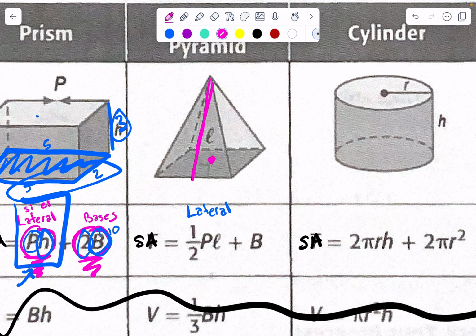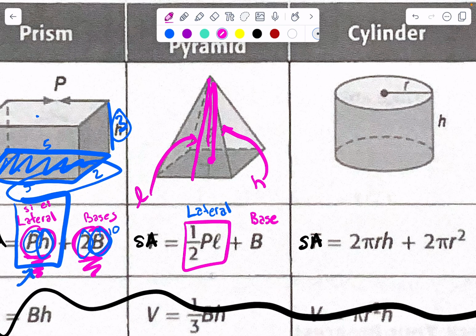Regular height would be like if I had a pole that I drove straight down the center of that pyramid. But this guy is slant height. So slant height versus regular height. And then we again have that capital B, which is the area of the base. But your lateral is going to be that 1/2 PL.